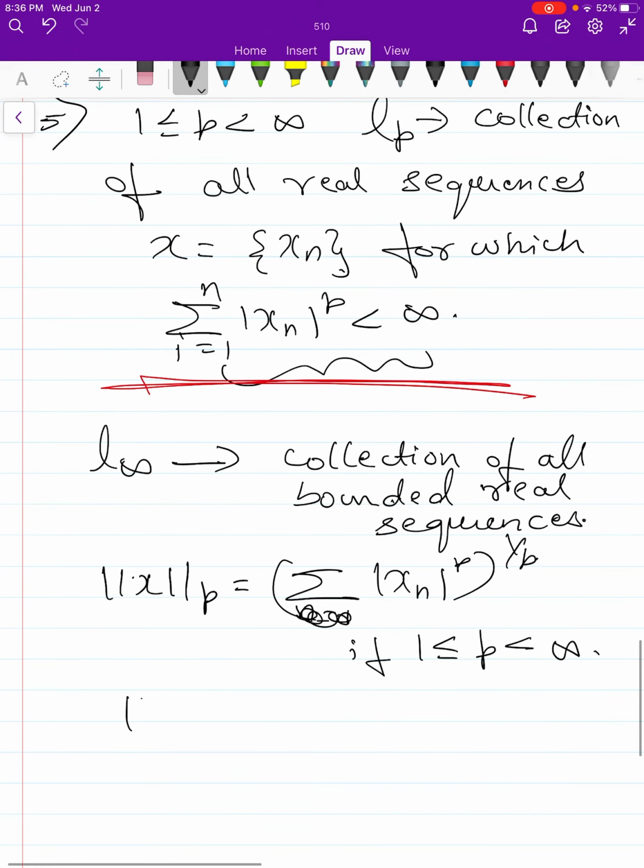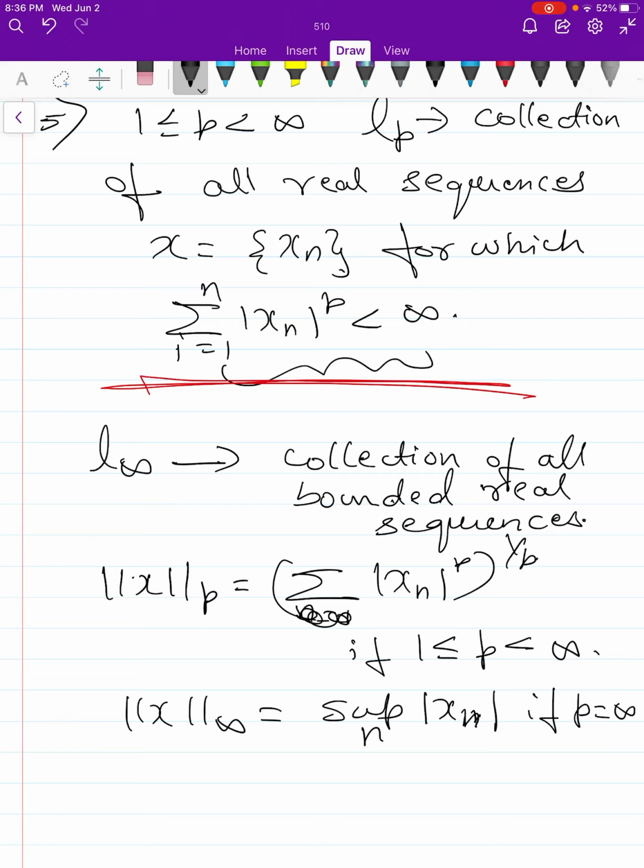And for x infinity it would be the sup over n of the absolute value of xn. So if p is infinity, this defines a norm on LP.